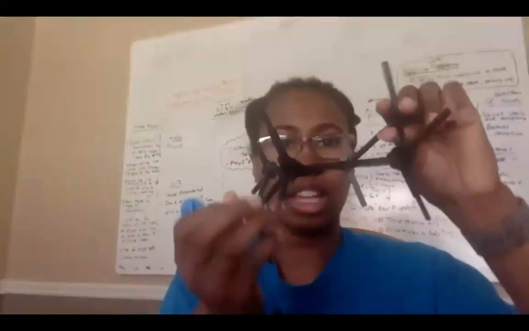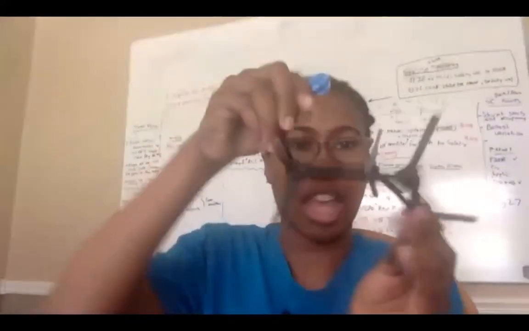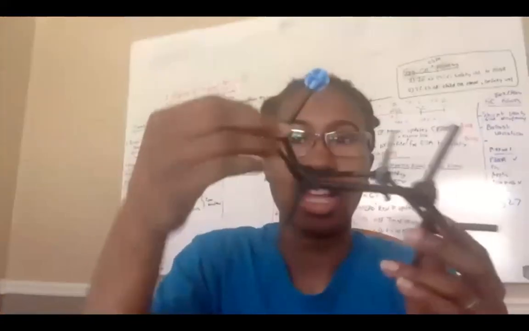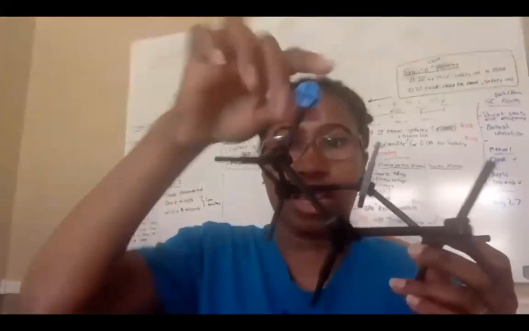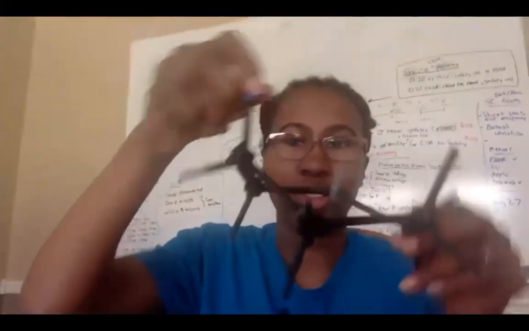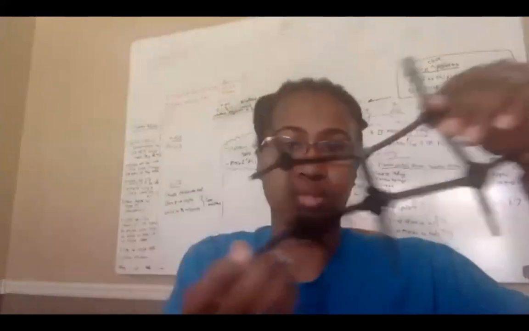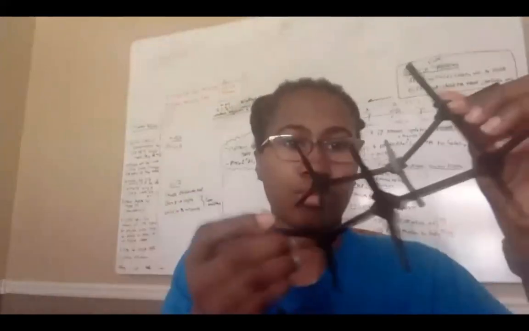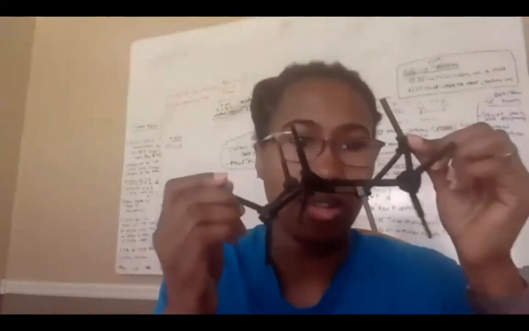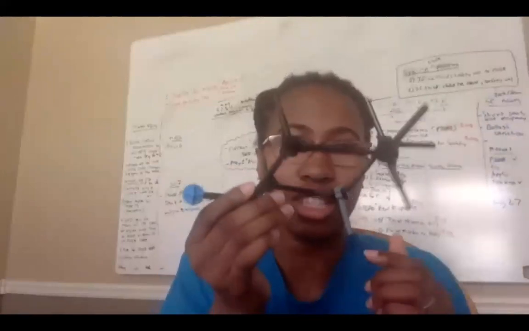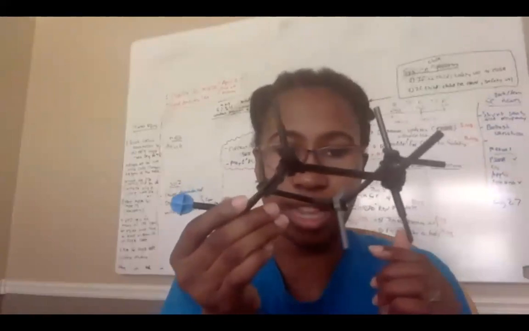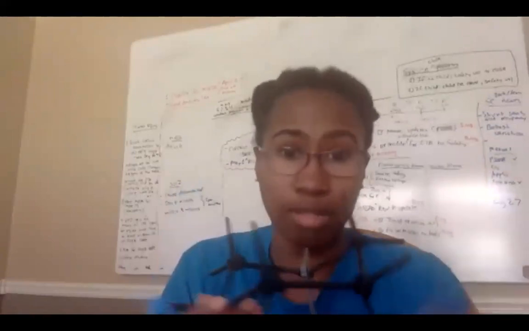If I go like this, swoop, then I've moved my axial substituents into equatorial, and my equatorial substituents into axial substituents. Watch this. This is axial first, and now it's equatorial. So that's another reason why I like model kits, because you can very easily visualize the cyclohexane chair flips that we learned on Friday.